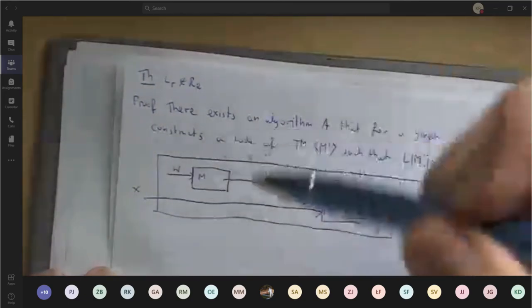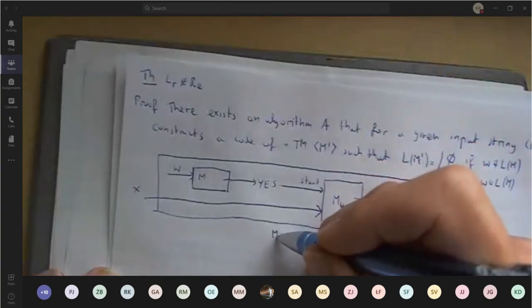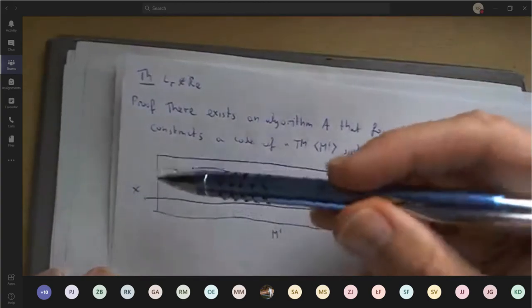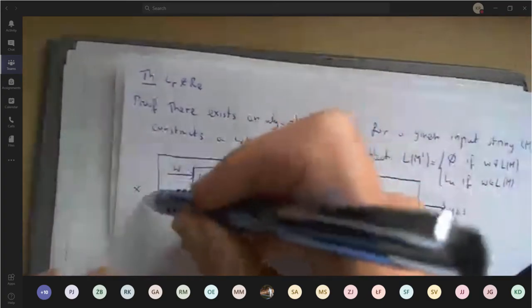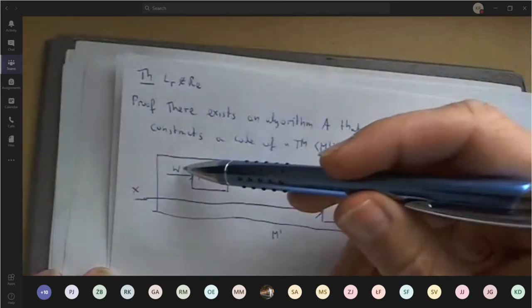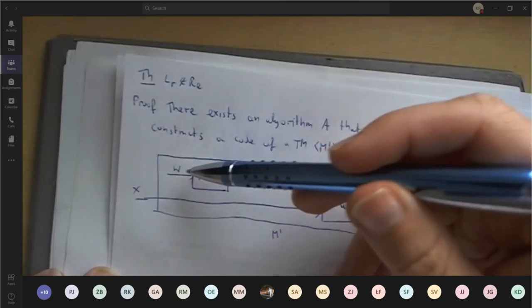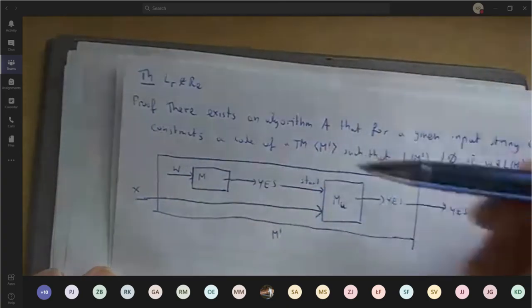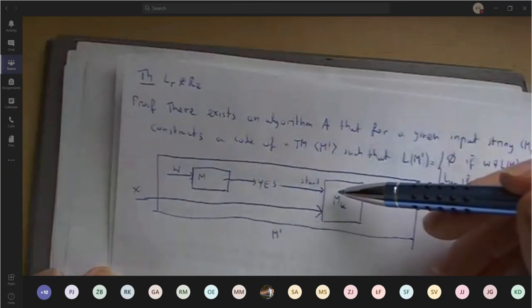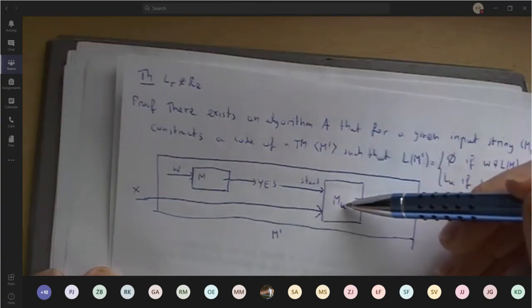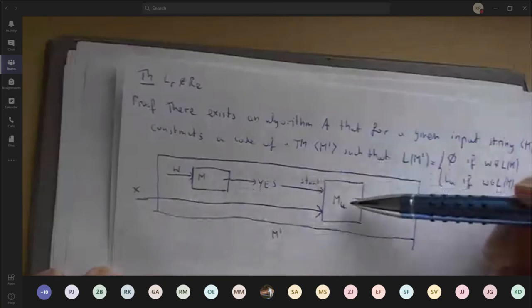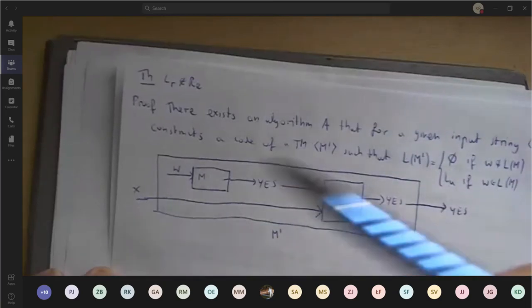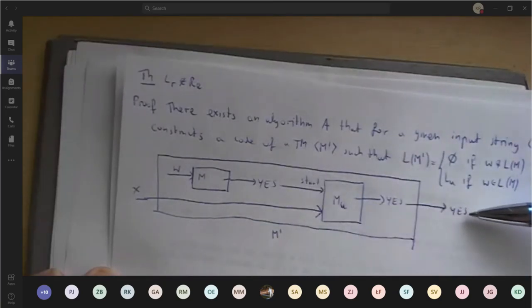Okay, so our M prime takes the input X, and first it runs M on W. If M accepts, then it starts the simulation of MU, the universal machine, on X. And if it accepts, then M prime also accepts.